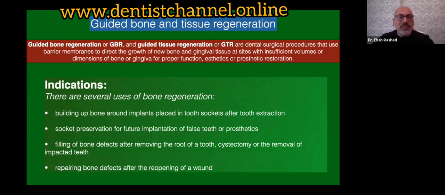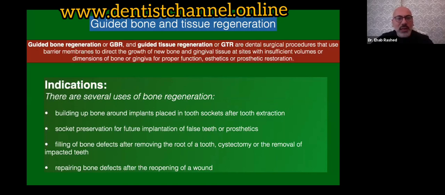So this is just a simple indication when we do bone graft. We do bone graft, we need to build the bone around the implant, especially after extraction. And also when we do socket preservation, in some cases we are not allowed to place our implant due to insufficient amount of bone to hold the implant or any other reason. So we have to preserve the socket, so we don't want to have a big collapse.